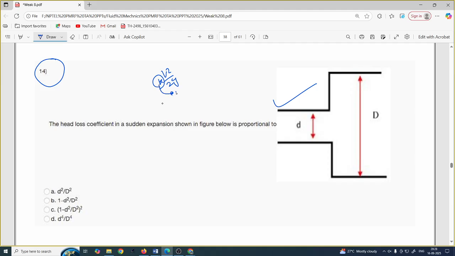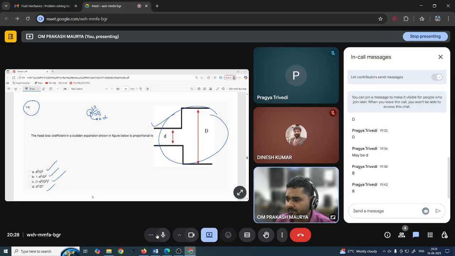For such a pipe system, is it proportional to d square by capital D square, or 1 minus small d square by capital D square, and so on? This is also a calculation you need to do. For this next question you have 5 minutes, so please think on that and try to write your answer.